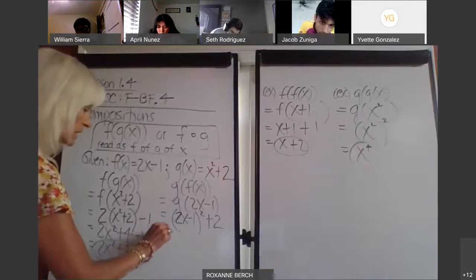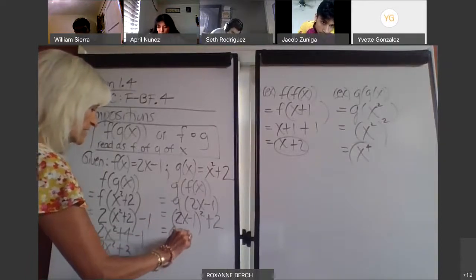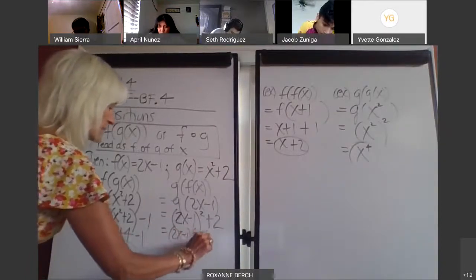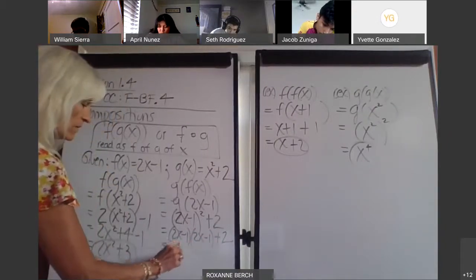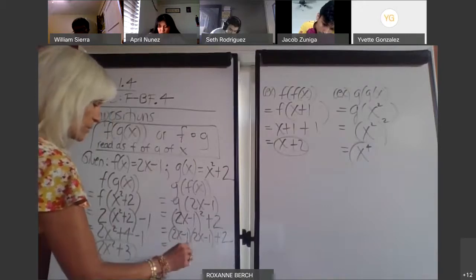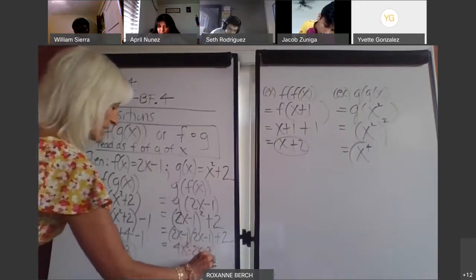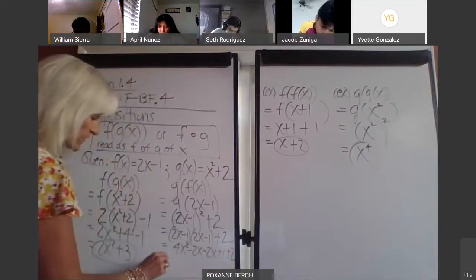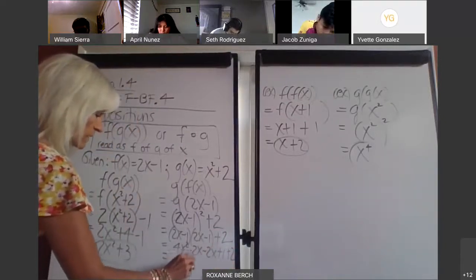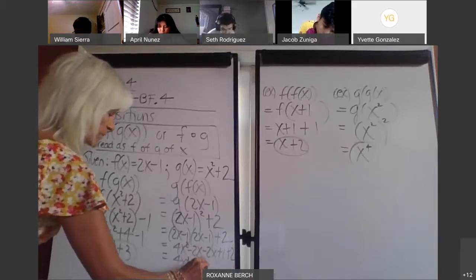And this is a lot of work. It's 2x minus 1 times 2x minus 1 plus 2. FOIL: 4x squared, outer would be negative 2x, inner would be negative 2x. Negative 1 times negative 1 is 1, plus 2. So your answer on this one is 4x squared, negative and negative is negative 4x plus 3.